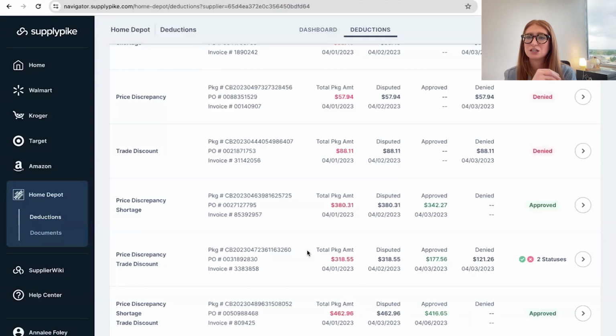So that's something that our team is going to be really diving into here in the next couple months, trying to understand process and pain points, and definitely something that we will consider down the road of bringing that compliance disputing into the SupplyPike app, similar to our other retailers we support today. But yeah, definitely if you have any feedback on compliance, I'm your gal. I would love to hear about it and all of the pain points and all the things with Home Depot.